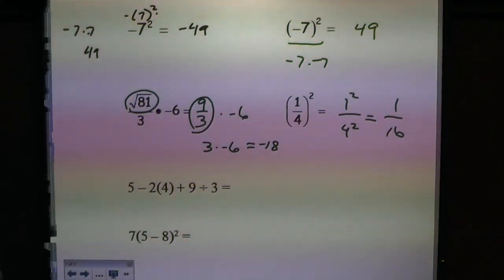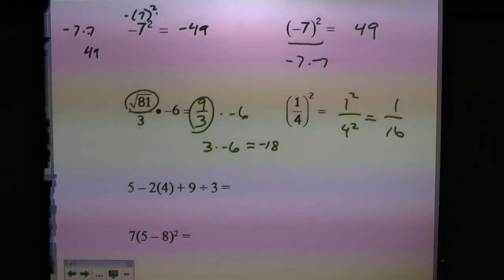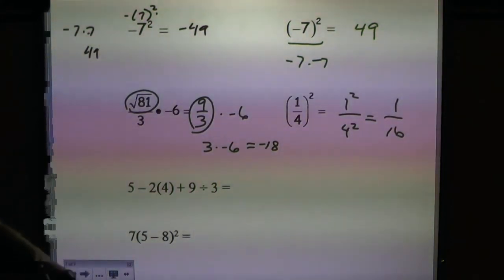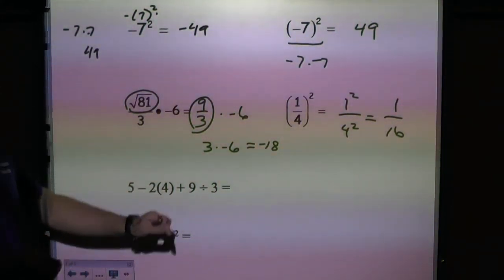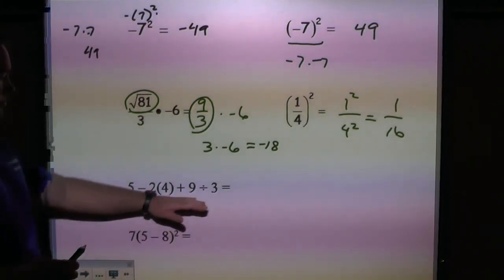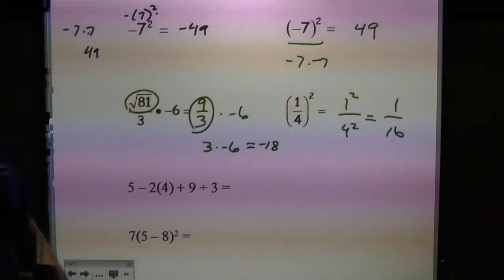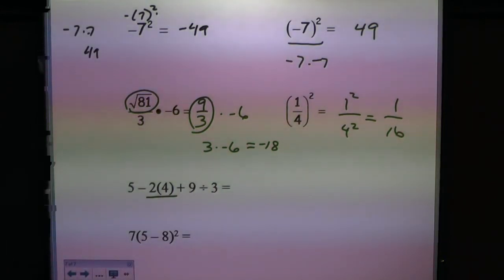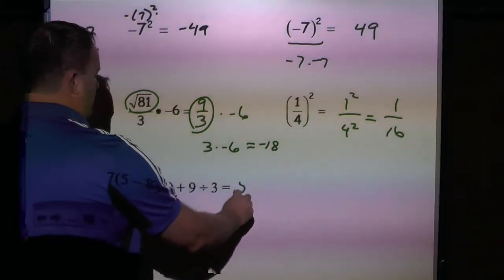Next one. 5 minus 2 times 4 plus 9 divided by 3. All right, so what this tells you, order of operations: you have multiplication, division, addition, subtraction. Multiplication and division will come first. So we have to do this, and we'll treat that like a -2. So you're going to write the 5 first. You're not going to mess with it.